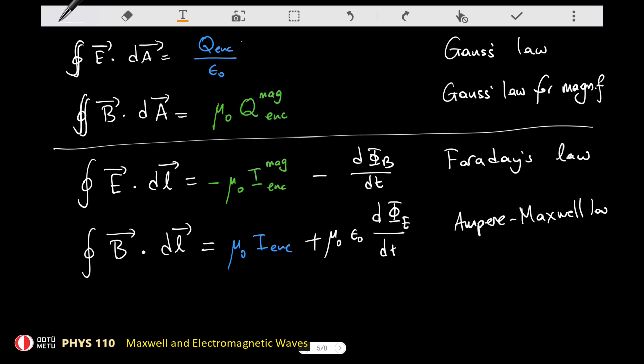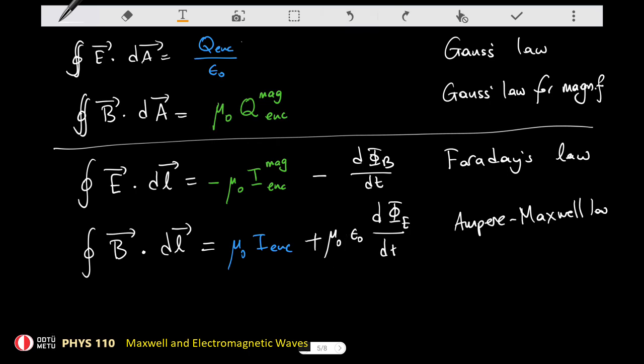There are some additional differences between these equations. These mu zeros and epsilon zeros appear in some places, but these are just artificial introductions caused by our definitions of units. If we define the Coulomb unit for electric charge differently, or redefine the electric field unit, it is possible that I can eliminate this epsilon zero, and similarly I can eliminate this mu zero.